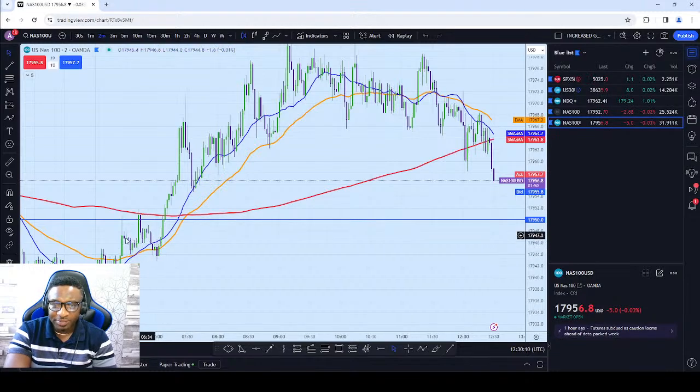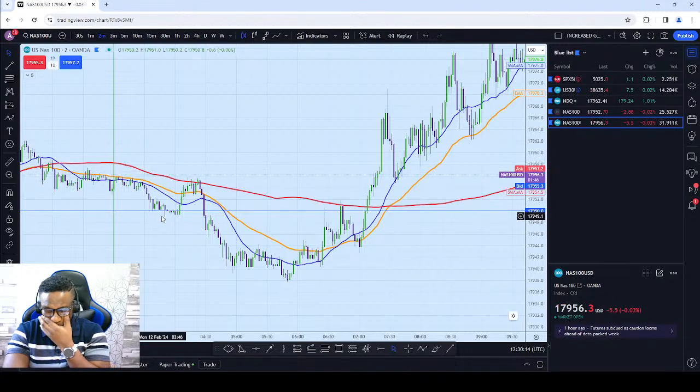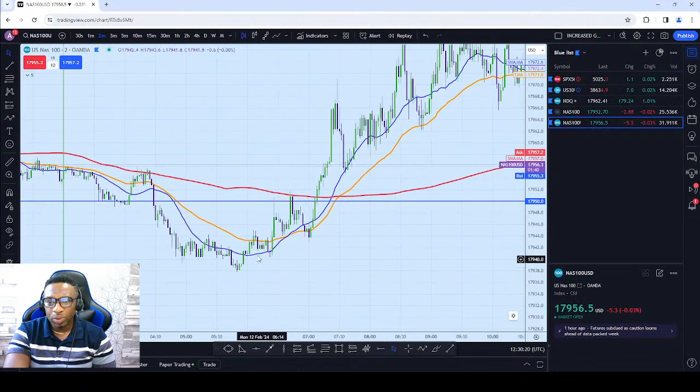So price was below the 20 moving average at the time, and it pushed up above the 20 moving average. The same opportunity which I took on the US 30, we can see the same thing happened here.